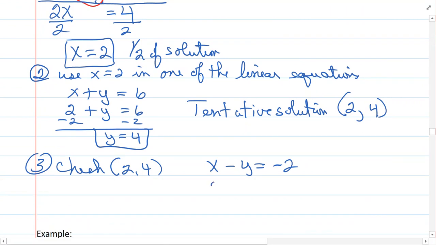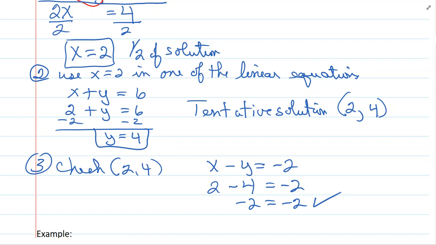So this is going to be 2 minus 4 equals negative 2. Negative 2 equals negative 2. That one is correct. I didn't even have to use a calculator. All right. Now that was an easy one with the steps without an LCM.